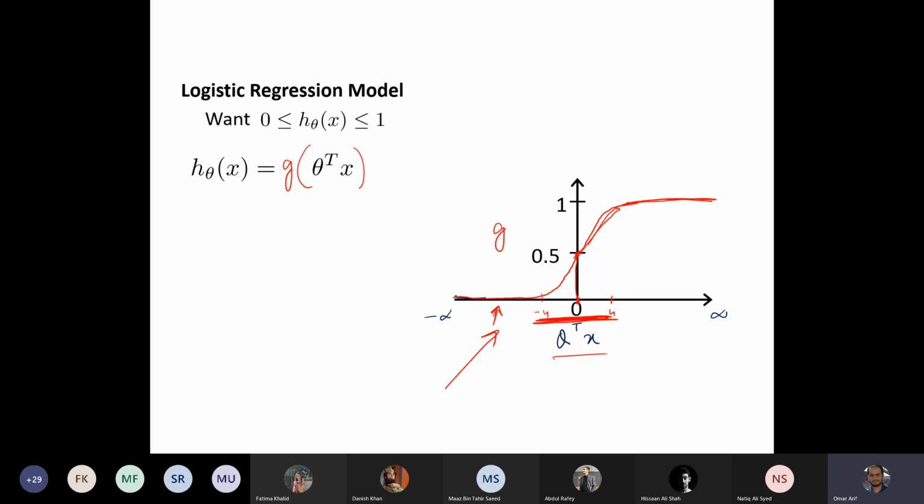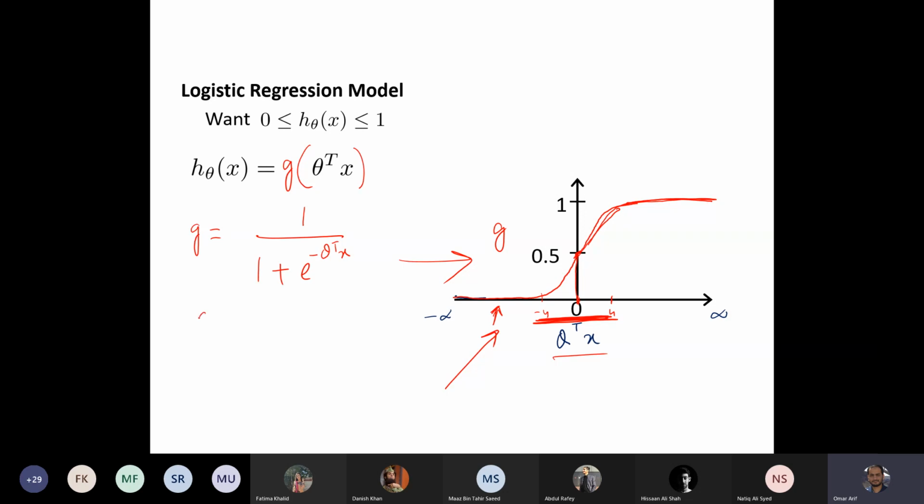So what is this function that gives me a shape like this? Let me first write its equation. If you plot this function for different values of theta transpose x, you will get this shape.